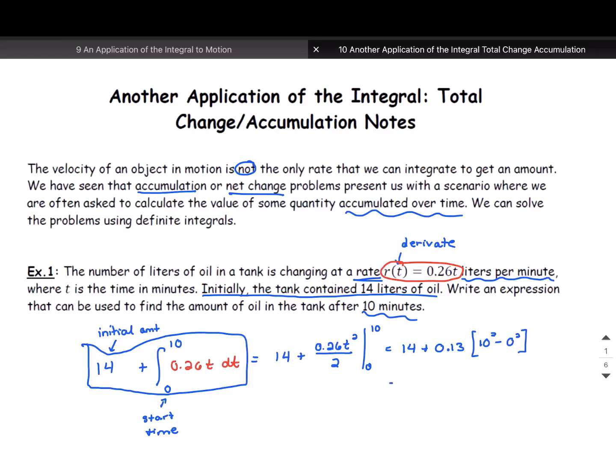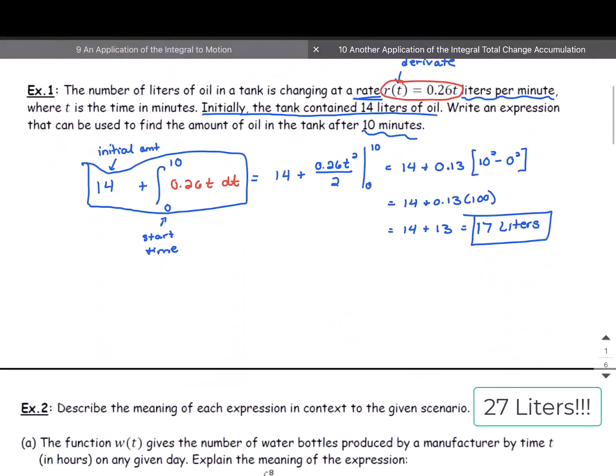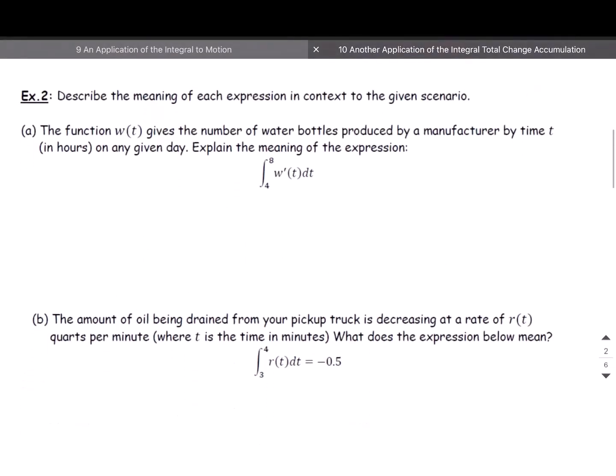So that's going to give us 14 plus 0.13 times 100, which is going to give us 14 plus 13, or 27 liters of oil in the tank. Ta-da! Now, let's describe the meaning of each expression in context to the given scenario, okay?